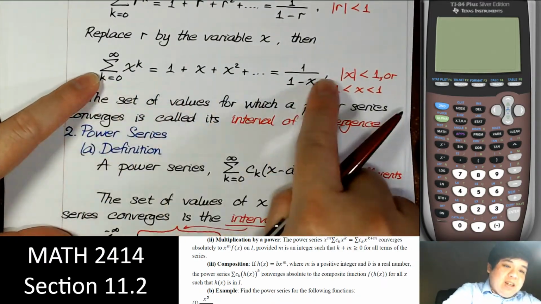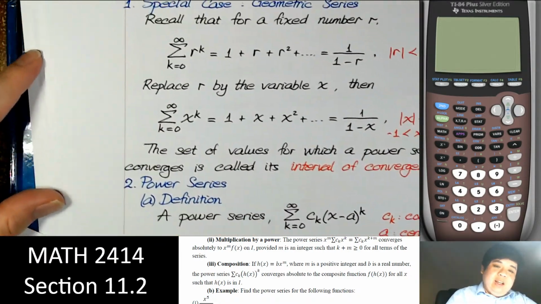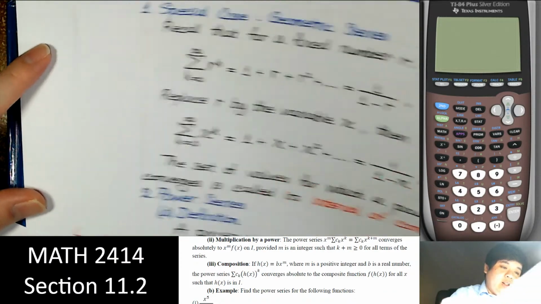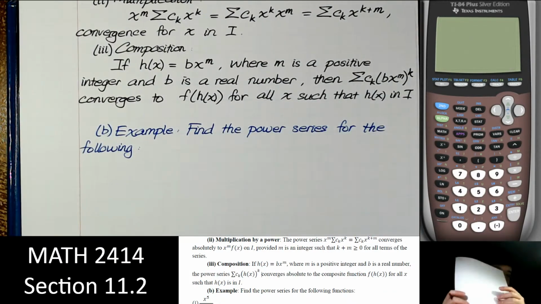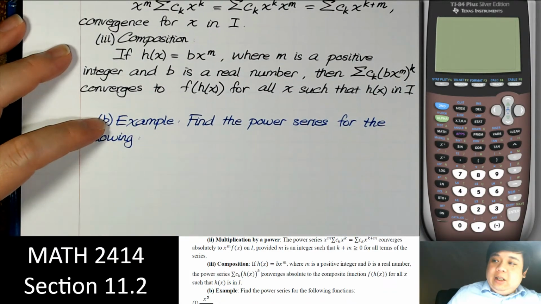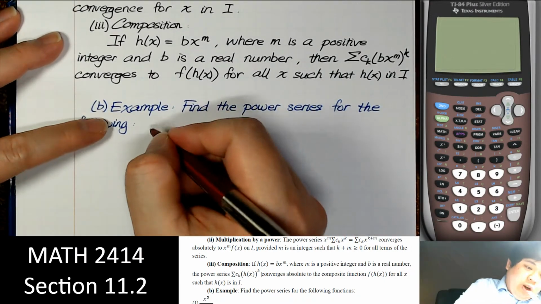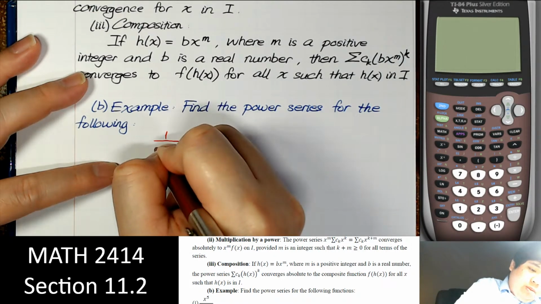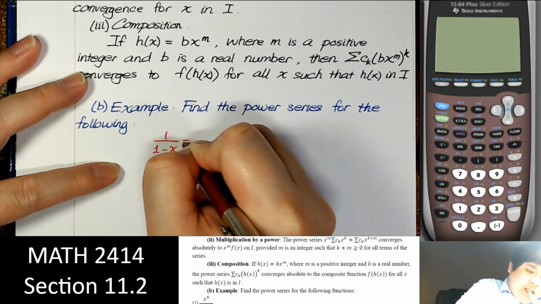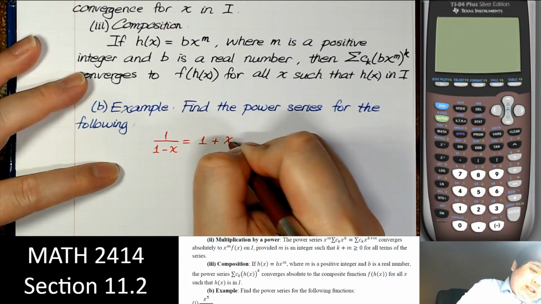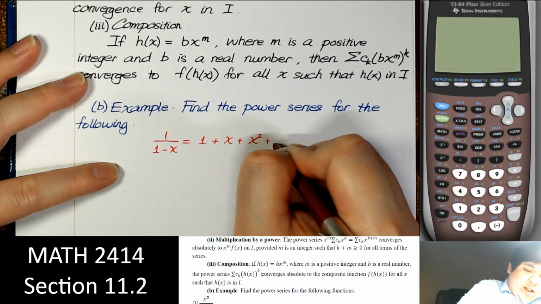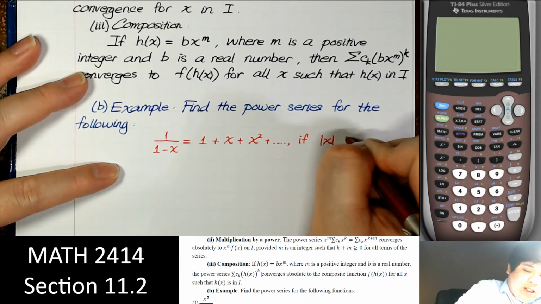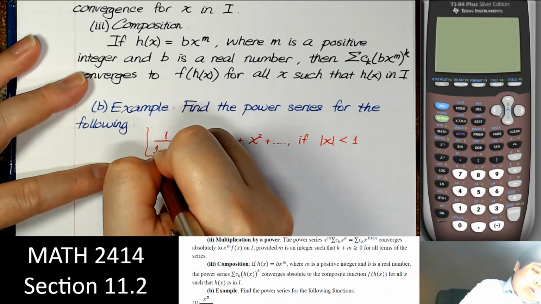So 1 over 1 minus x equals 1 plus x plus x squared and so on, which converges if the absolute value of x is less than 1. It will be very useful if we know this, so we need to use that.